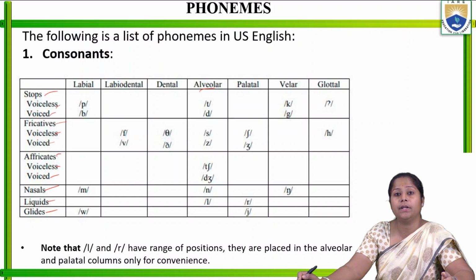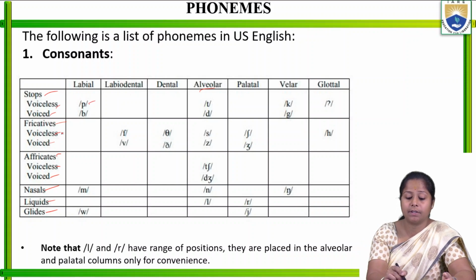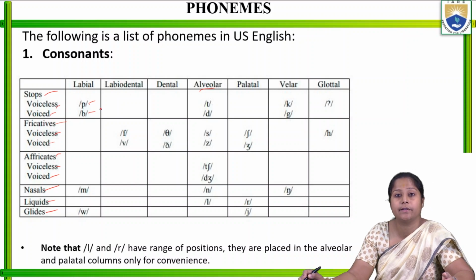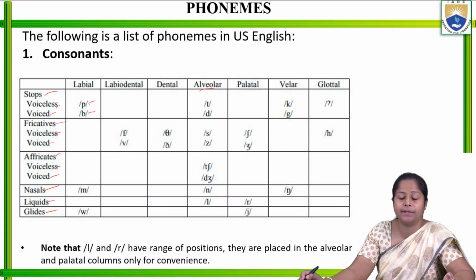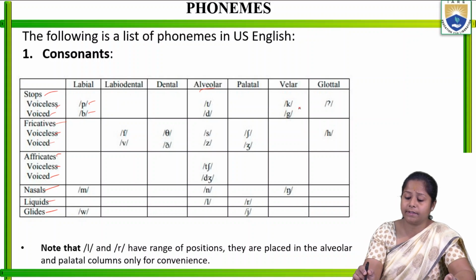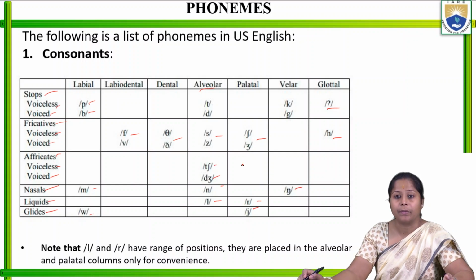With respect to the letter, the alphabet we use with the help of the transcript, here we can see P has been kept here, that is voiceless. B has been kept, that is voiced, where we can say vibration is present. Likewise, all these different alphabets have been written with the help of different transcripts to make some sound.